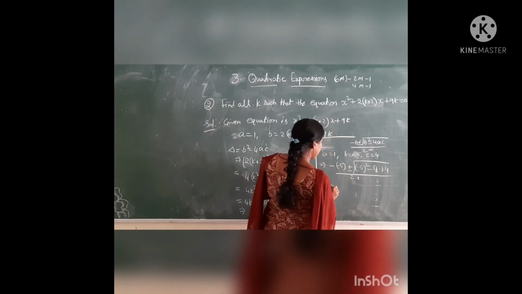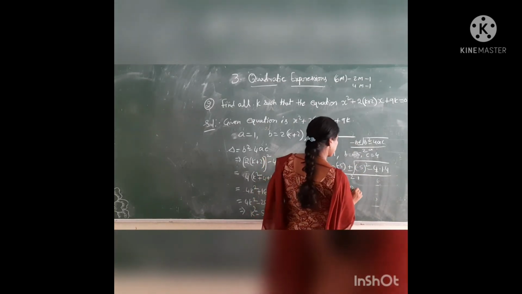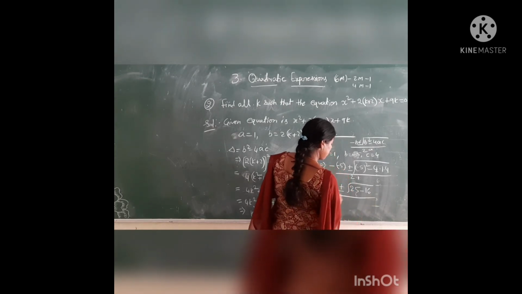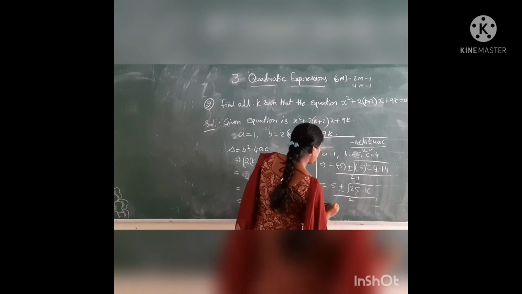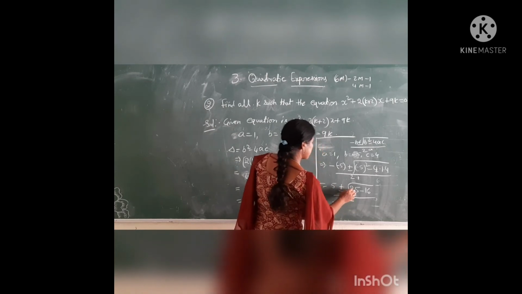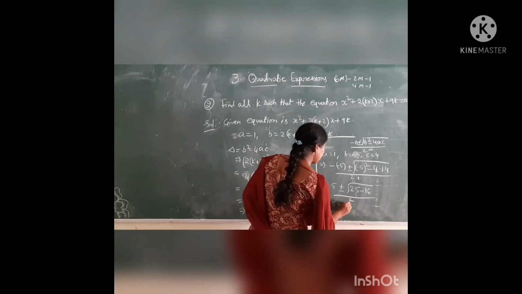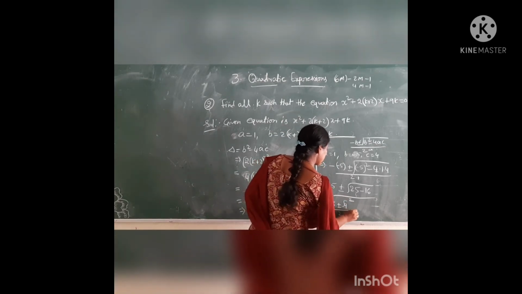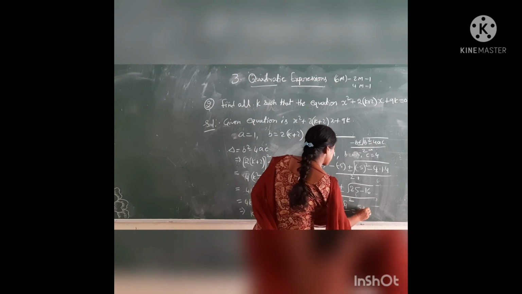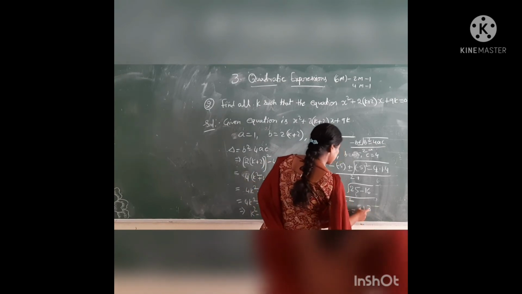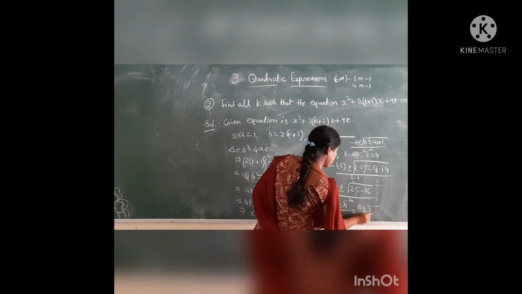Okay, 5 plus or minus root of 25 minus 16, that is equal to 5 plus or minus root 9 by 2. We get 5 plus or minus 3, because the square root of 9 is 3, by 2.